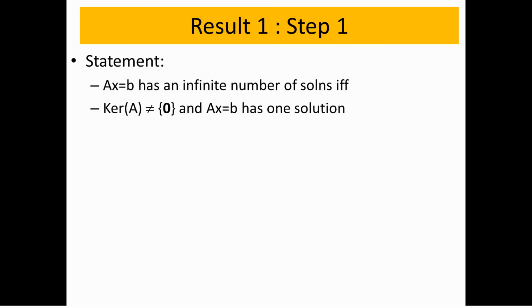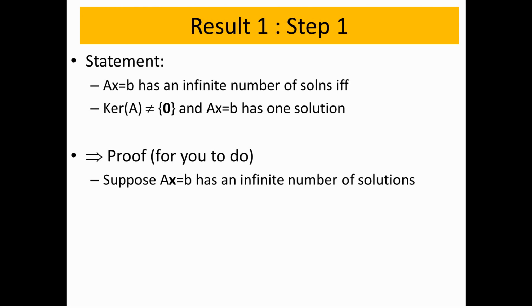Okay, so let's first prove that AX equals B has an infinite number of solutions if and only if the kernel is not just the zero vector and AX equals B has at least one solution. Let's do the forward proof, and I'm going to let you do it.